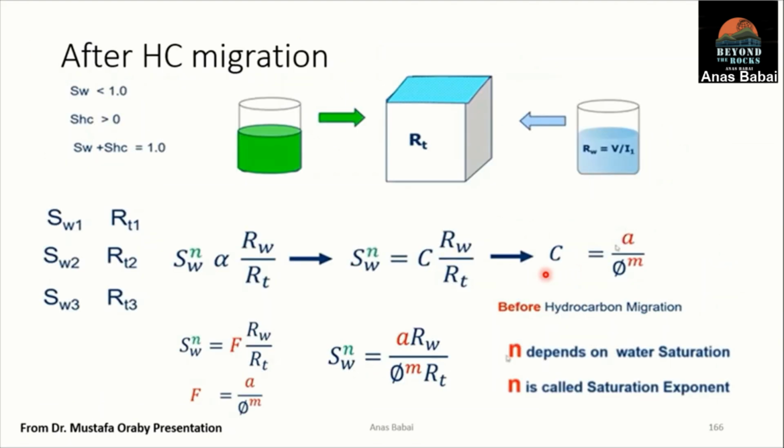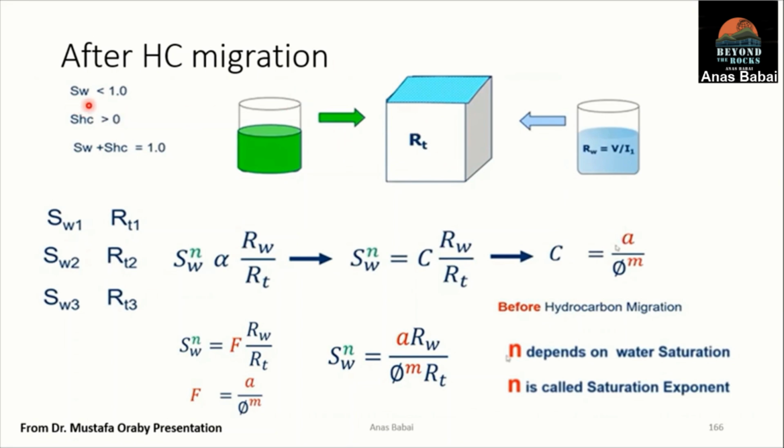Now Archie went further, and as we said, he did the experiment in two scenarios: before hydrocarbon movement and after hydrocarbon movement. After hydrocarbon movement, the resistivity we are measuring is RT, the resistivity of the rock sample which is saturated with both water and hydrocarbon.